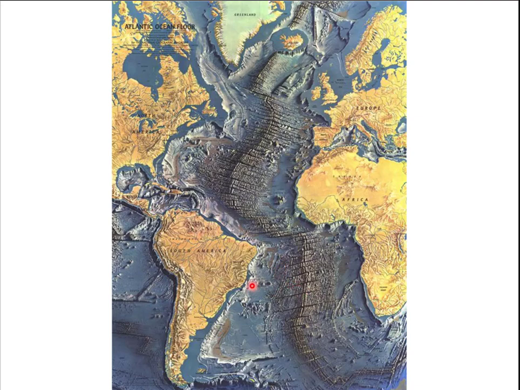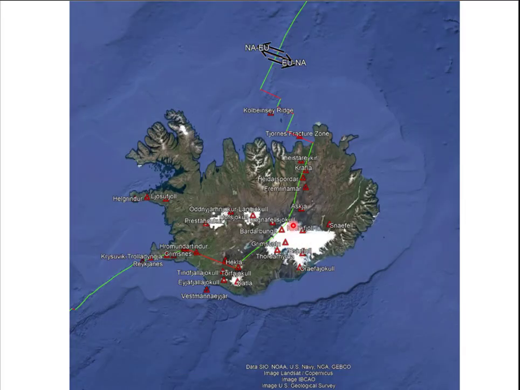So these plates are moving away from each other along this mid-ocean ridge. If we follow it right up here into Iceland, we can see that Iceland is exposed seafloor that is covered in volcanoes. There's a lot of volcanoes in Iceland, and that will come back here in just a few minutes, right?